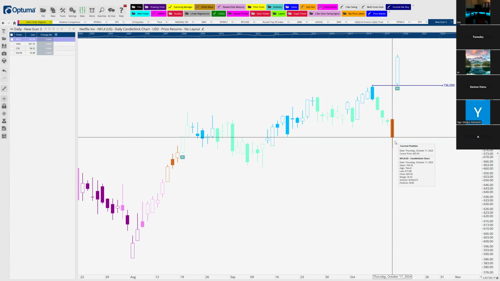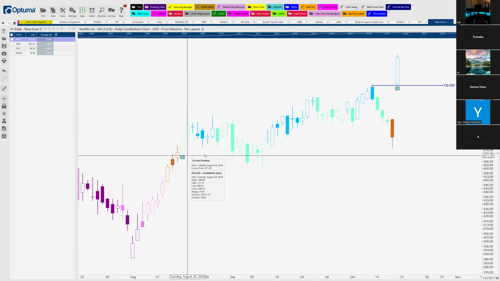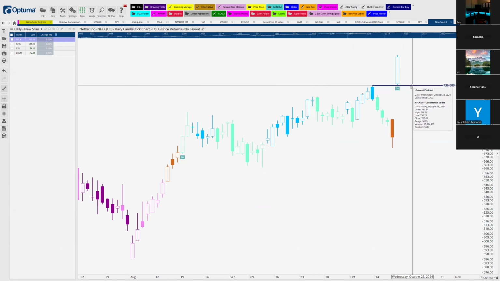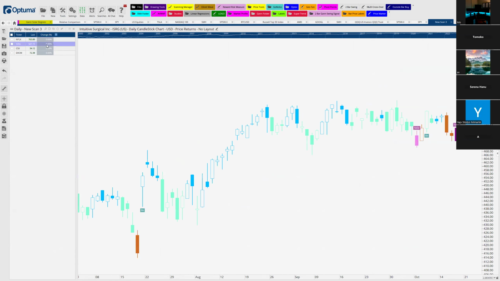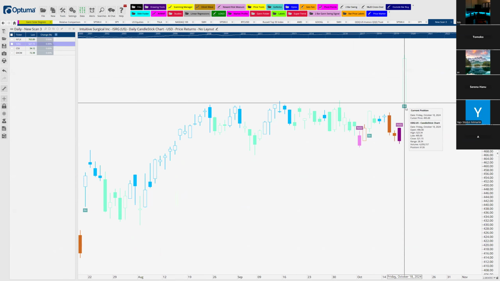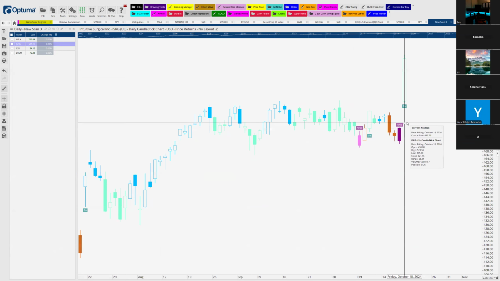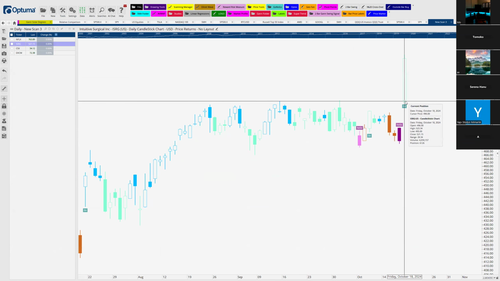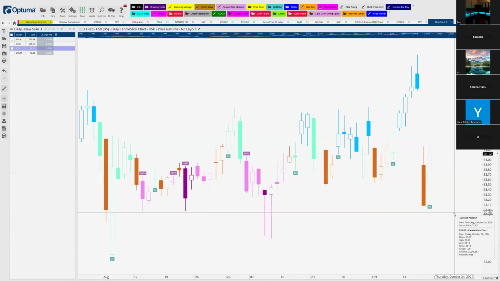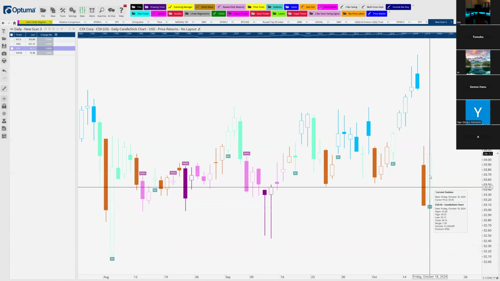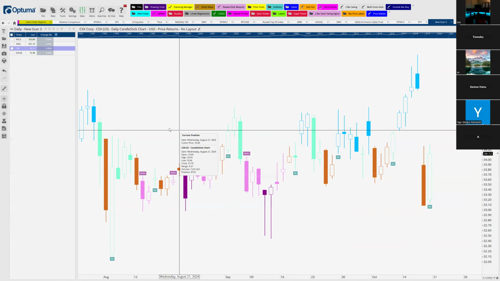So this is one. ISRG popped. Oh, this one, yeah, they had the earnings. CSX triggered one yesterday, but this one already got the move.